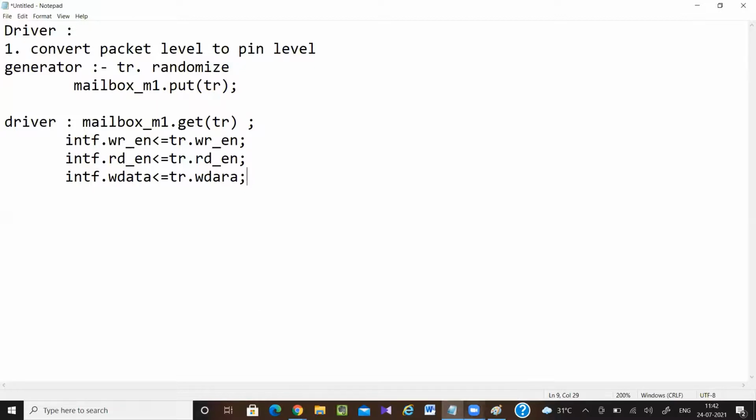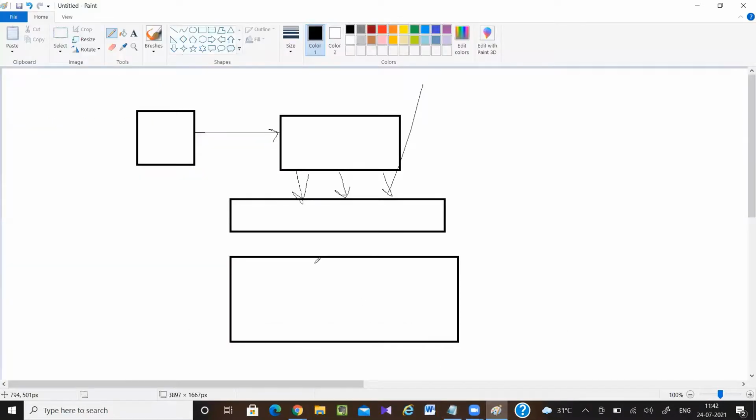here some values are there. This is my DUT, and inside this DUT some blocks are there. Whatever inputs I am giving go into these blocks, and then it works. If it is a combinational circuit and these are sequential circuits, in this kind of scenario this block will immediately get updated and its output will come, and maybe I get the wrong result.